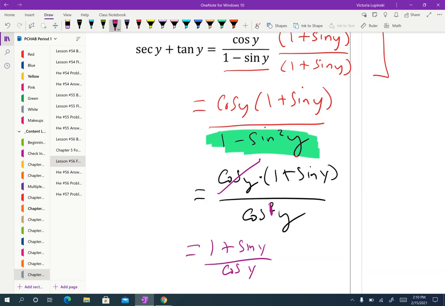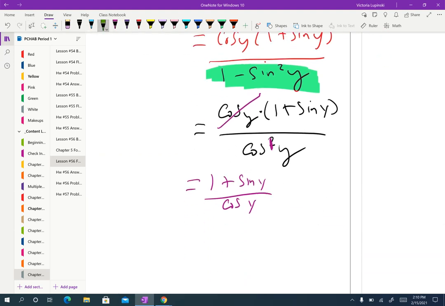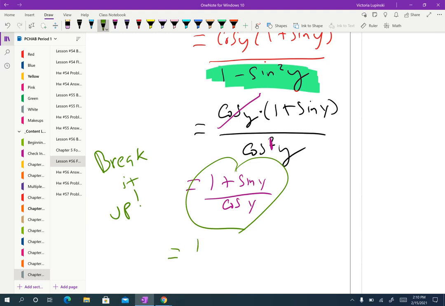And then from here, you're going to have to use the heart strategy, or what I sometimes call the break it up strategy. Whenever you want to go from one big term into two, you put the first value of the numerator, 1 over cosine, plus sine over cosine.